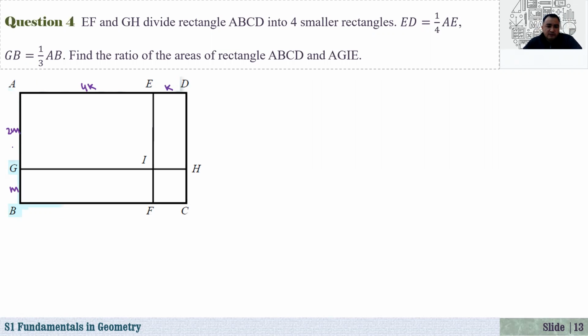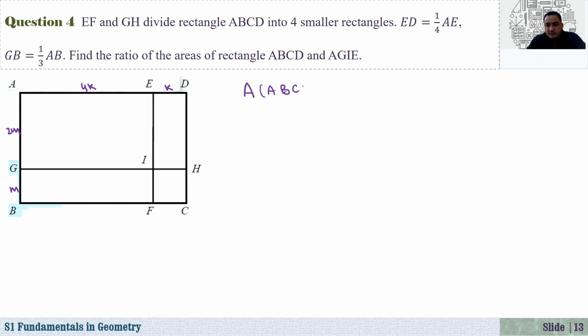The question is, find the ratio of the areas of rectangle ABCD to AGIE. Where's ABCD? ABCD is the biggest rectangle, right? So now simply, since we know these ratios, what is the area of ABCD?